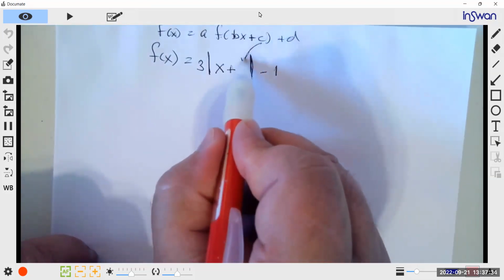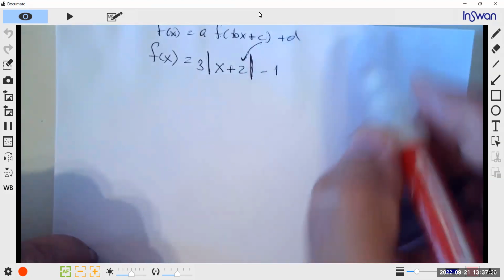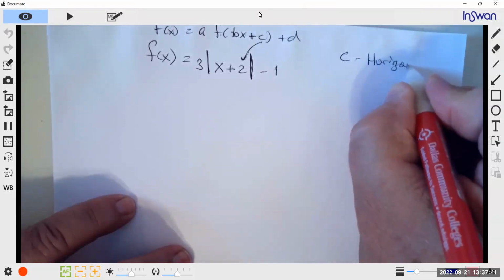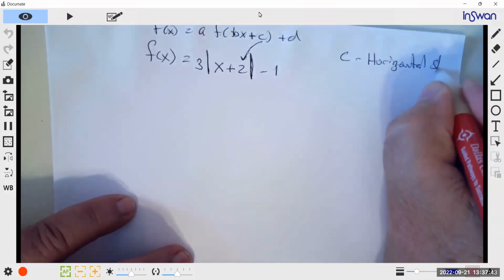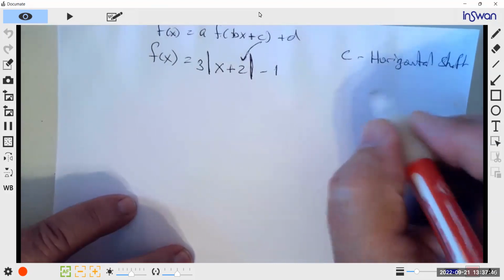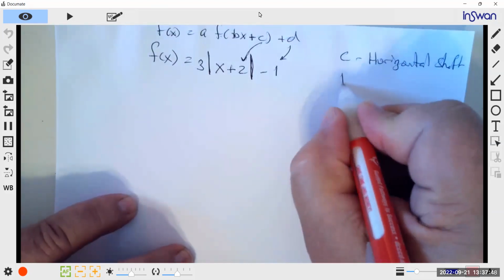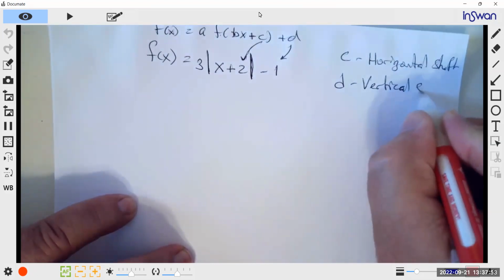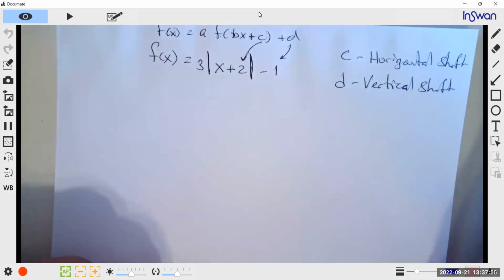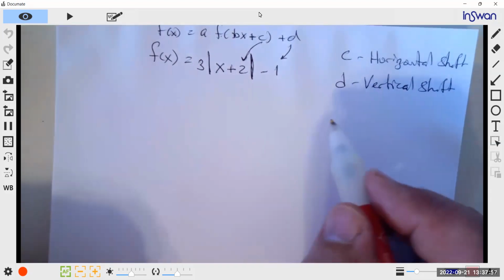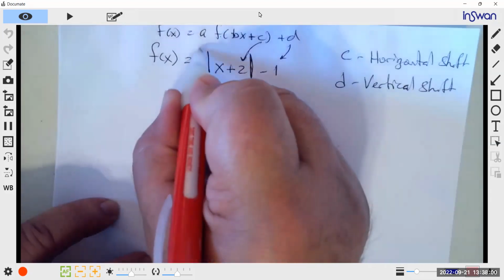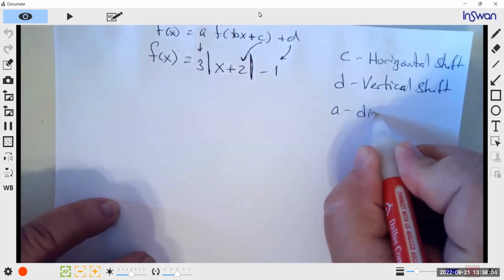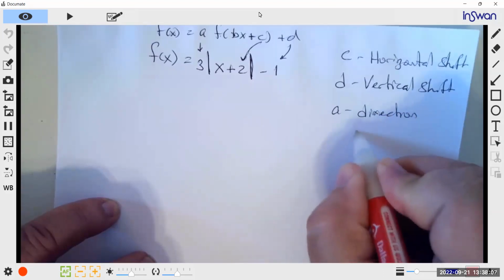C is the horizontal shift. D is the vertical shift of the entire graph, not just that one number. And A is the direction and shape.